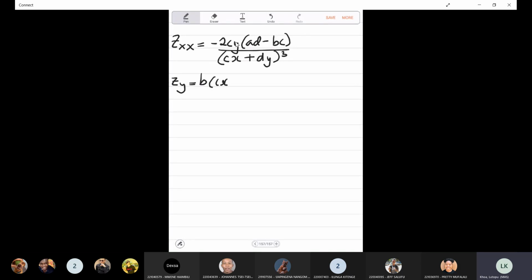This is CX plus DY. Then we subtract the derivative of the denominator multiplied by the numerator the way it is. Then we square the denominator.